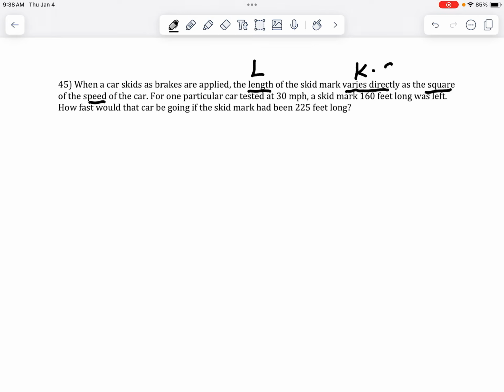So the speed, I'll just use S, and then it says it's the square. So the function that we're dealing with is the length is equal to some constant times the speed squared. All right, that is the physics part, setting up that equation right there.